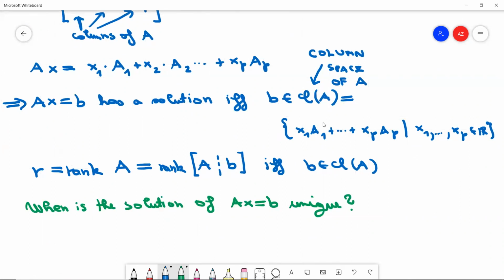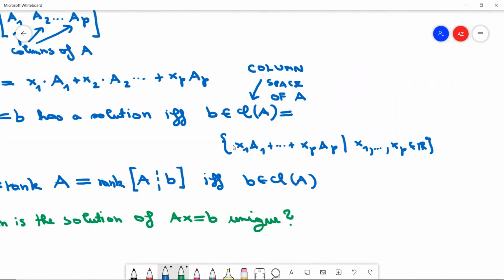So if P is smaller than R, then the solution won't necessarily exist, because the solution will then exist only for those B's which are a combination of this form with some x's equal to 0.